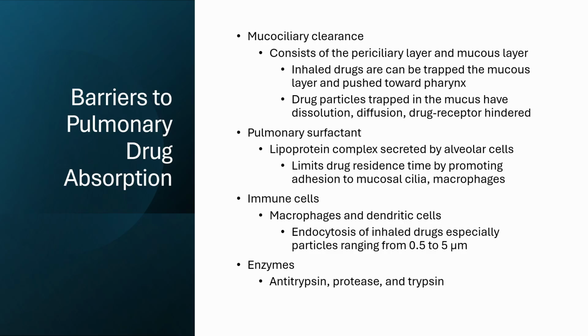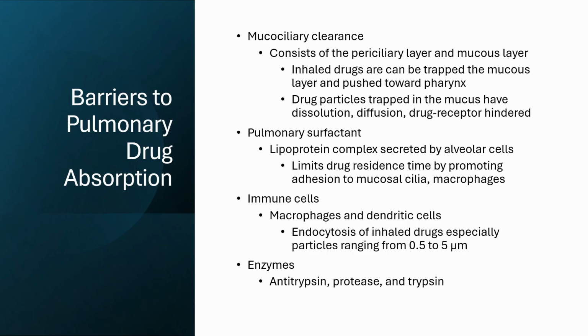Drug particles that are trapped in the mucus can have their dissolution, diffusion, and interactions with receptors hindered. Pulmonary surfactant is a lipoprotein complex that is secreted by alveolar cells to reduce surface tension, which allows the lungs to remain inflated. The lung surfactant also plays a role in the removal of drugs by promoting adhesion to mucosal cilia and uptake by macrophages and monocytes.